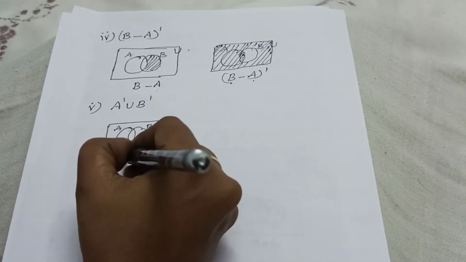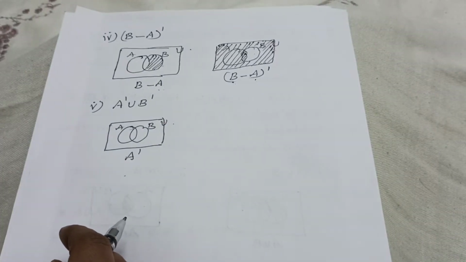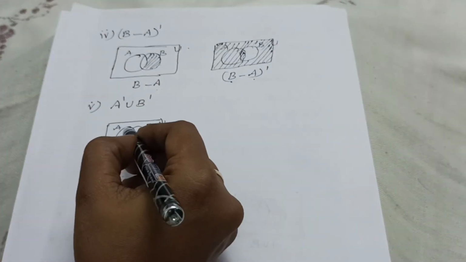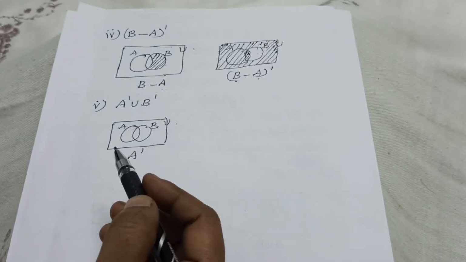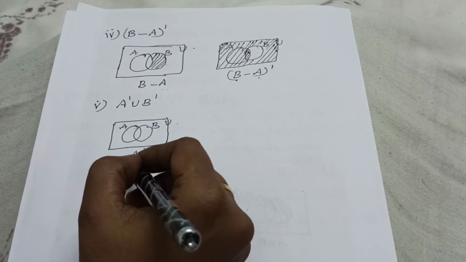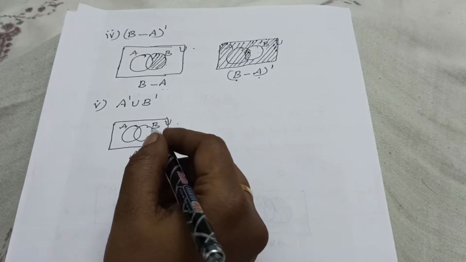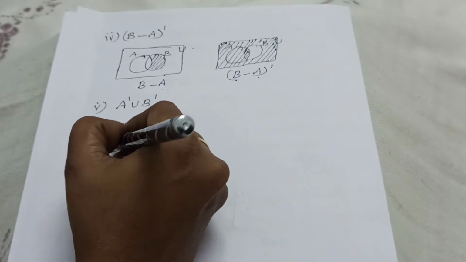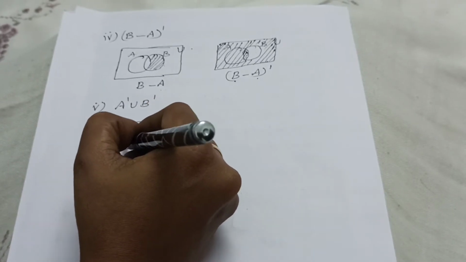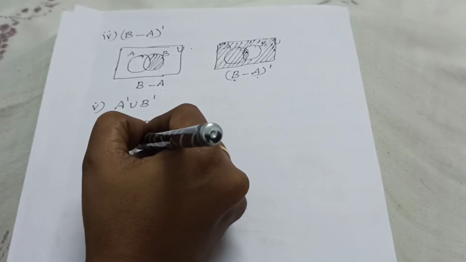A dash means except this A portion, the remaining portion we have to shade. A dash means not in A, but in the universal set. So except this A portion, the remaining portion we have to shade.